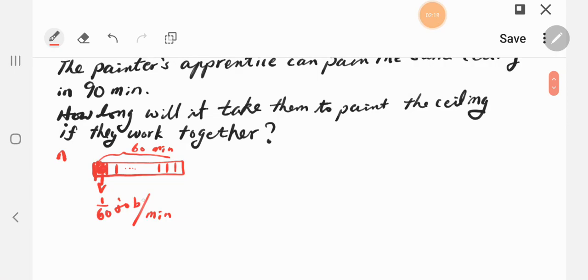The second person takes 90 minutes, so divide this one into 90 pieces.